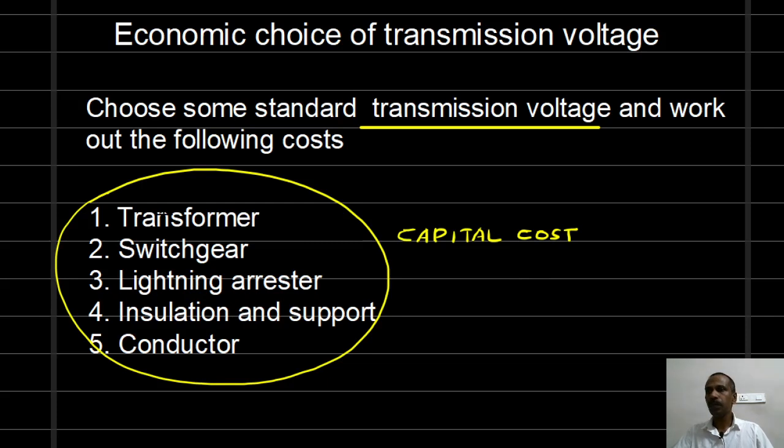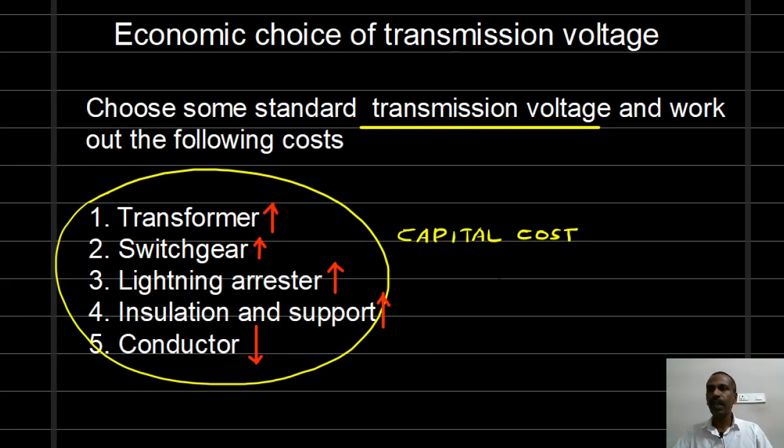As you know, when the transmission voltage increases, the cost of conductor will reduce and the cost of all other equipments will increase. The cost of transformer, cost of switchgear, cost of lightning arrestor, the cost of insulation and support, all these things will increase.